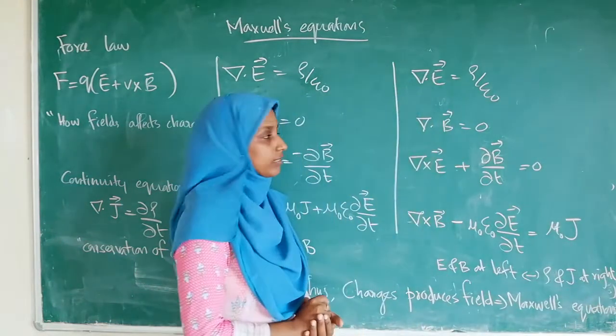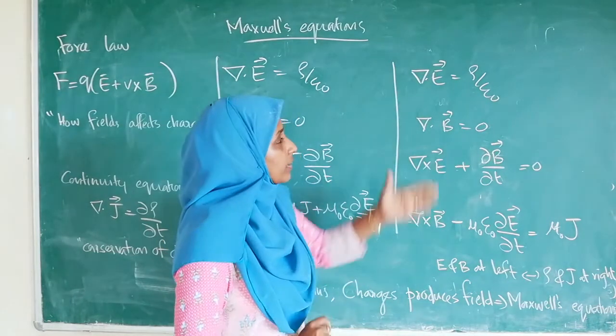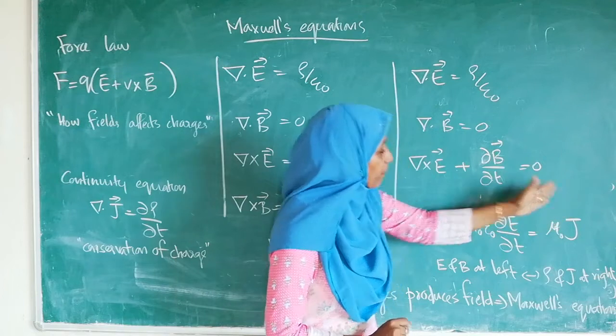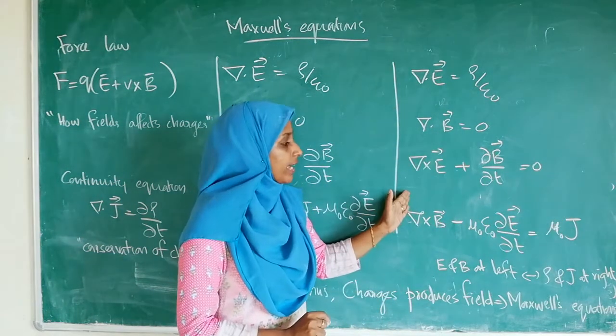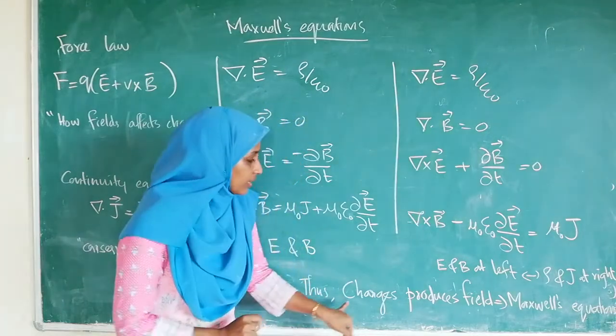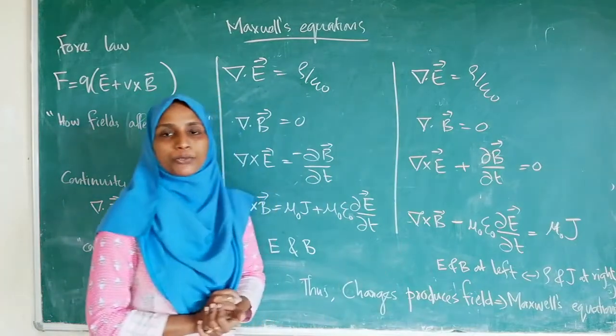Look at these equations. So, the charges and currents produce the electric field and magnetic field. In such a way, he gave the concept that the charges produce the field, that is Maxwell's equations.